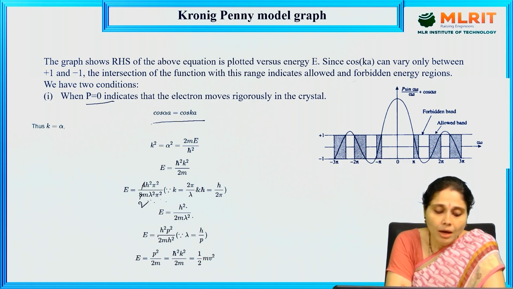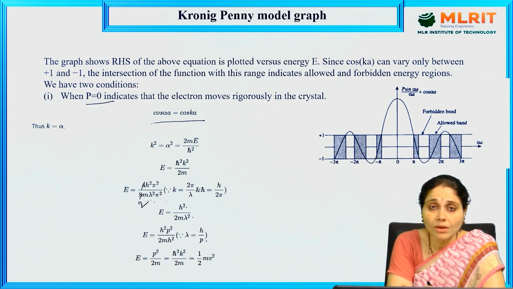Right? So E equals h square p square by 2m h square, since lambda equals h by p from the de Broglie hypothesis. So E equals p square by 2m, that is h cut square k square by 2m, that is half mv square.